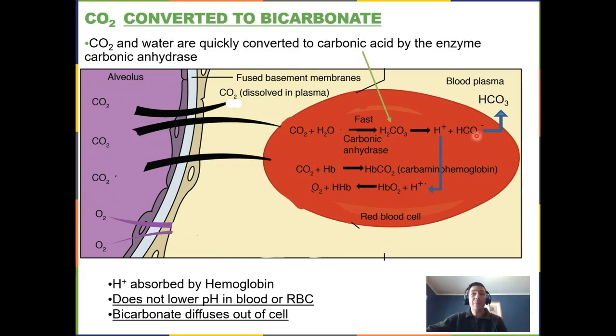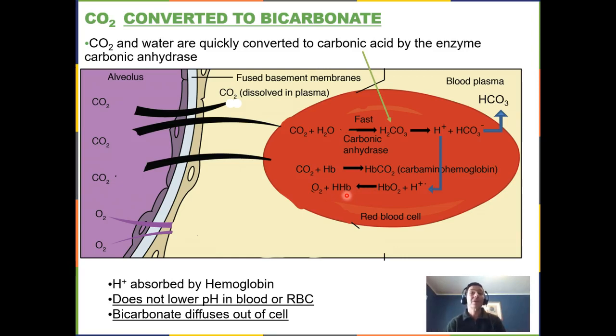So the bicarbonate gets transported out of the red blood cell and floats around dissolved in the plasma as the bicarbonate ion. The hydrogen ion gets picked up by some of the hemoglobin that's letting go of oxygen.